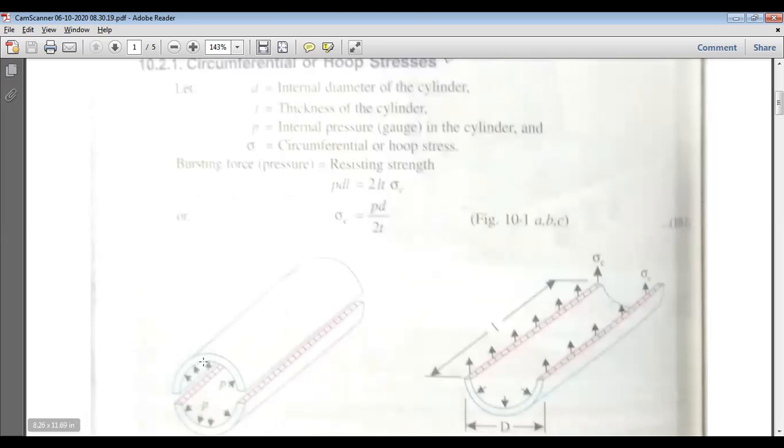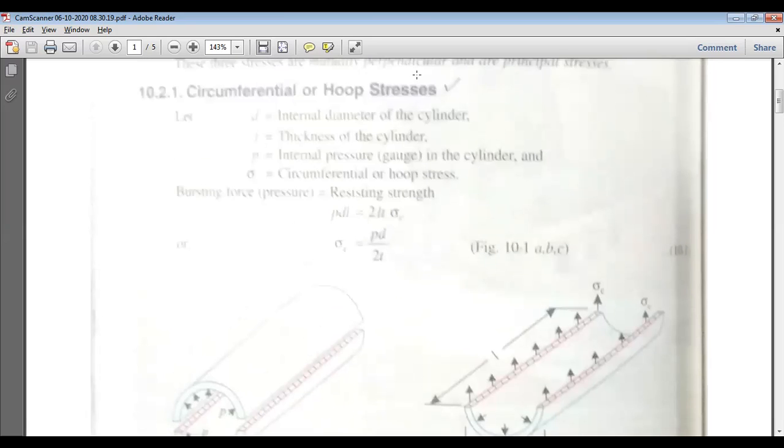We can see they are all acting on the circumference, perpendicular and outwards from the center. So these types of stresses are known as circumferential or hoop stresses. Hoop stresses are the stresses that act all along the circumference of the cylinder.